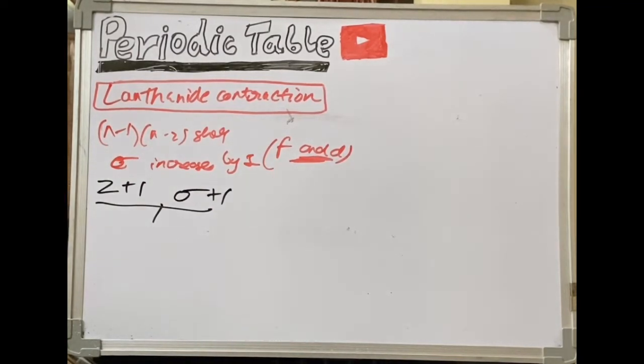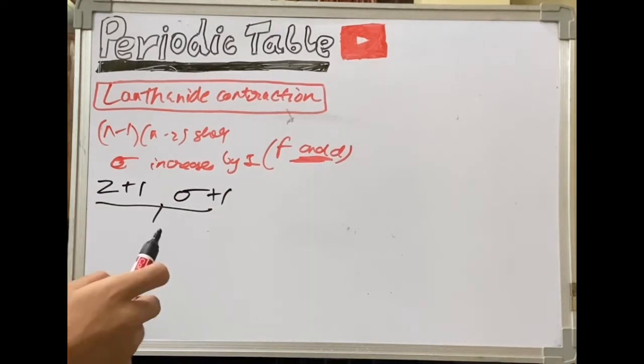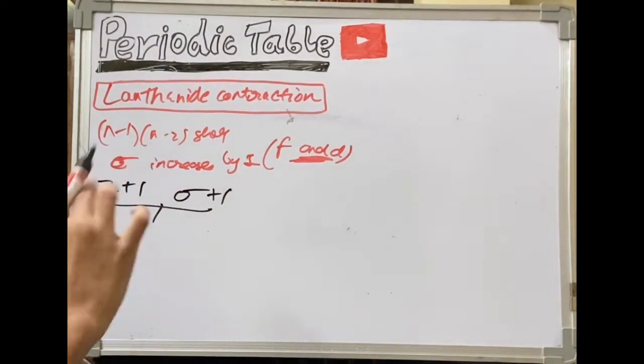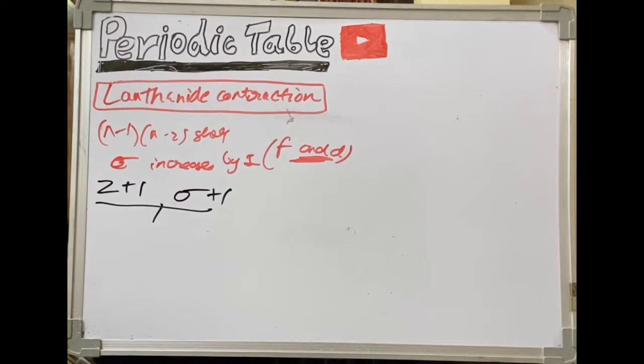Because of the poor shielding of f electrons over here, the size somewhat decreases, very little, between two elements. But if we compare the first and the 14th element in the series, we'll of course see a big result, right? You have to be consistent to achieve great heights. It is nothing like you will do something one day and the second day you will shine.